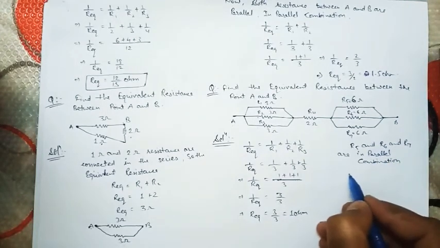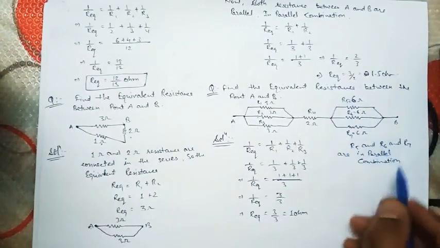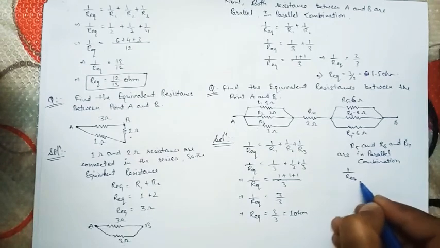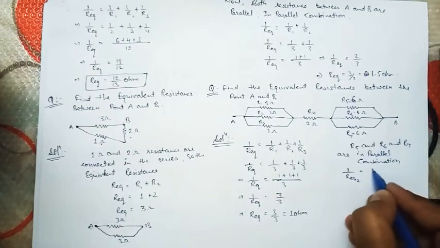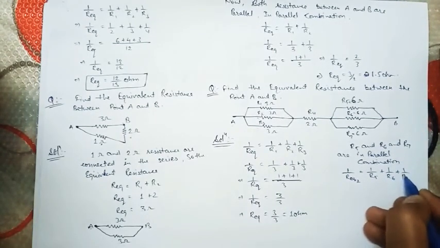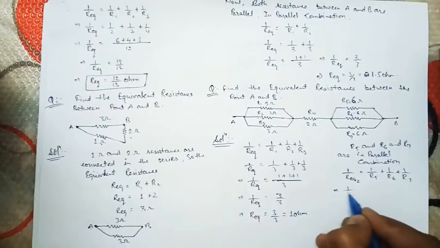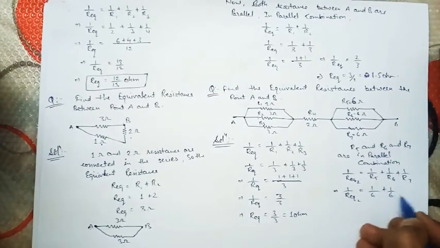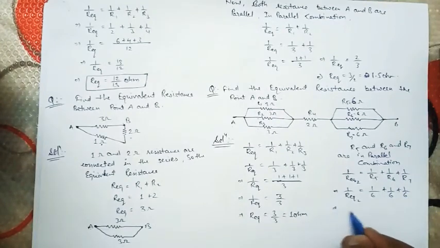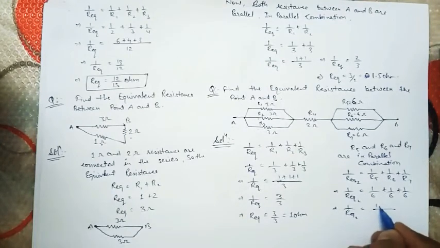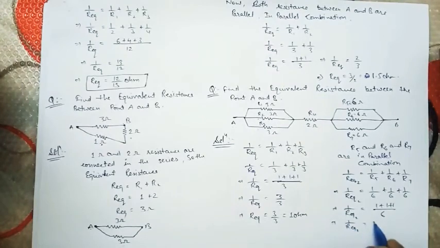Now we calculate the equivalent resistance. 1 upon R equivalent 2 equals 1 upon R5 plus 1 upon R6 plus 1 upon R7, that is 1 upon 6 plus 1 upon 6 plus 1 upon 6. 6 is the LCM, 1 plus 1 plus 1, so 1 upon R equivalent 2 is 3 upon 6.